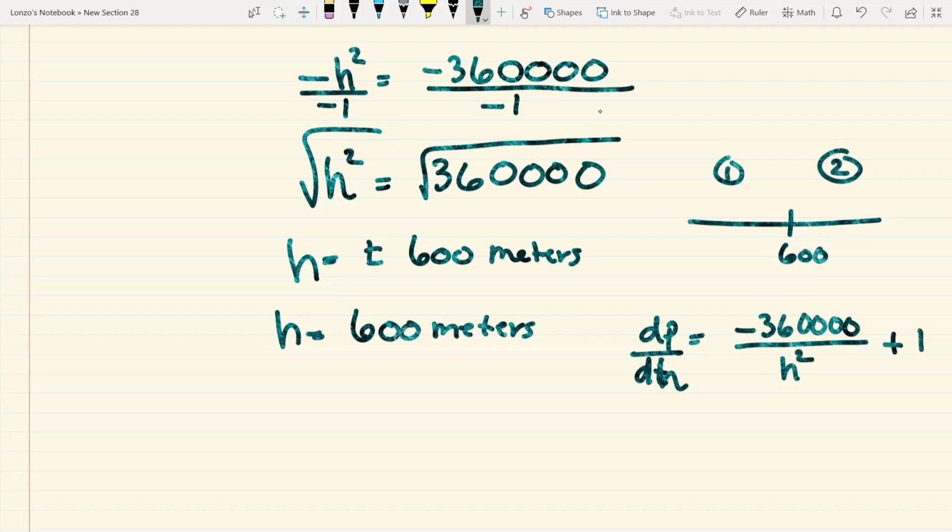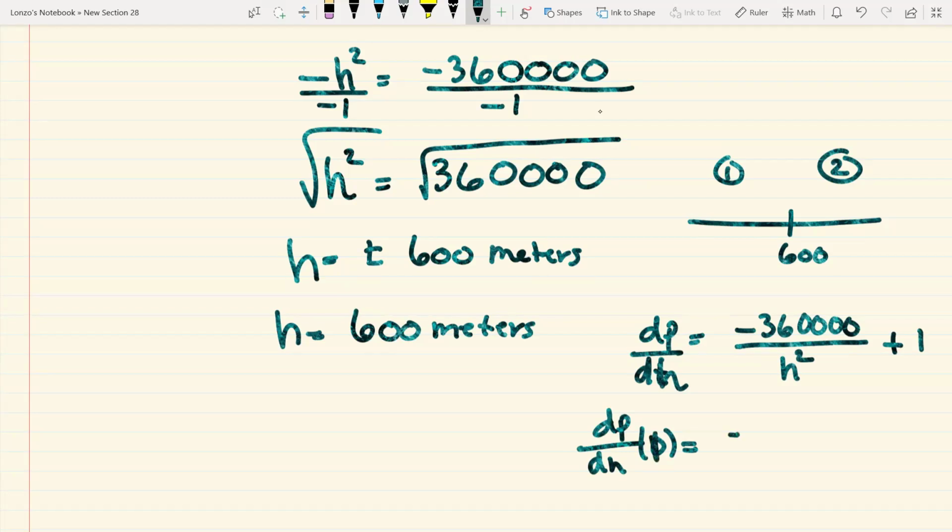Okay, let's test region 1. I need a number less than 600. Maybe I could do 0. No, I can't use 0 because this will make it undefined. What if I used, let's just use 1.